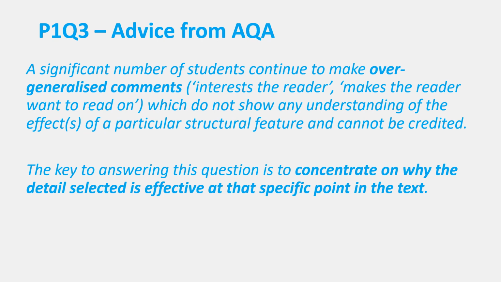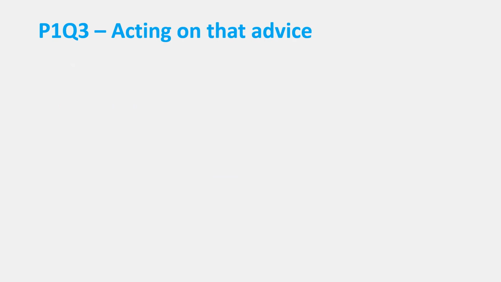But it's interesting, isn't it, that AQA pick up on this as being something that students typically get wrong. Now, what I hope you can see here is that the formula we're advising you to follow, particularly with that coat hanger sentence, is a great way of trying to avoid that pitfall.